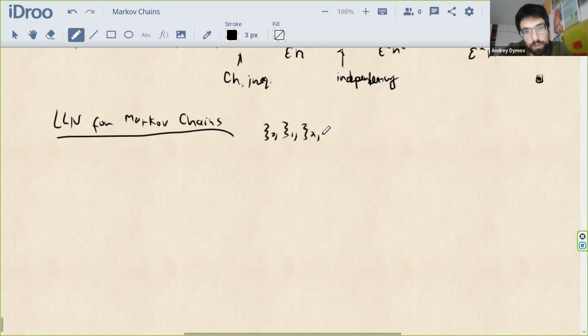Let's assume that we have a sequence. Now, this sequence is not a sequence of independent random variables.